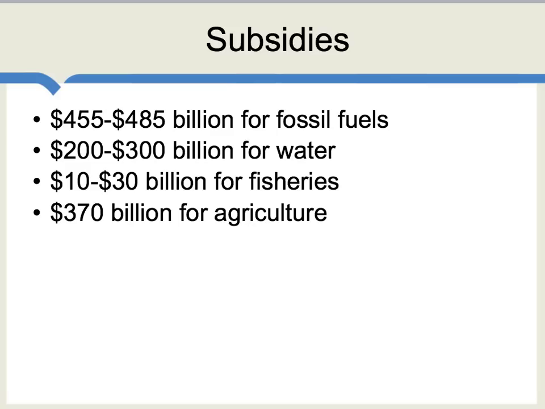One thing that's striking is how much the world as a whole is in some critical regards actually subsidizing pollution rather than trying to prevent it. So if we look at estimates, we find, for instance, that right now there are subsidies for fossil fuels at almost $500 billion worldwide. There are subsidies for water use, very often excessive water use, running $200 to $300 billion worldwide.